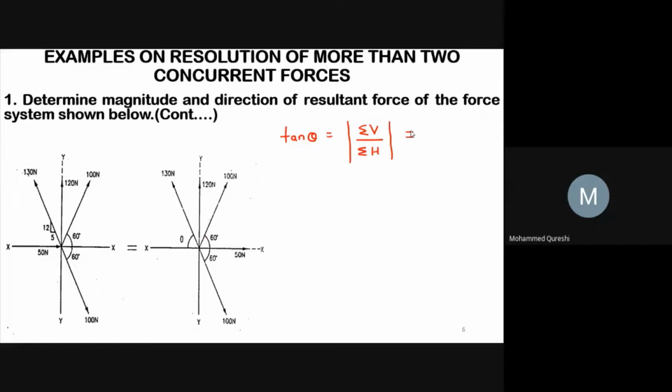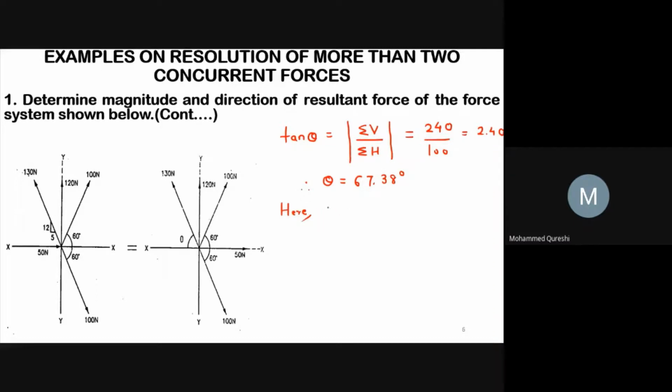So by putting both the values we will get 240 upon 100 equals 2.40. That is, tan theta is 2.40. So we have to find the value of theta as tan inverse of 2.40. So you will get theta equals 67.38 degree.